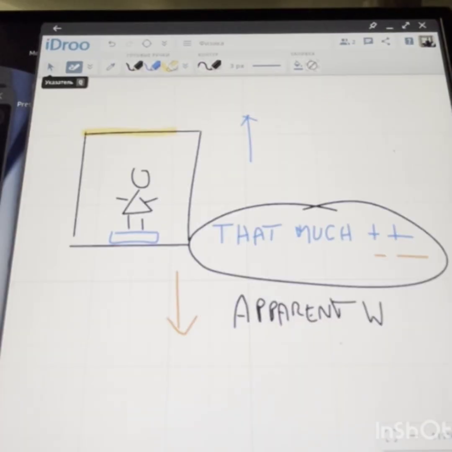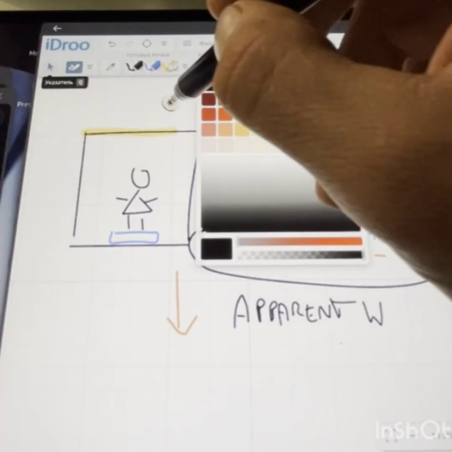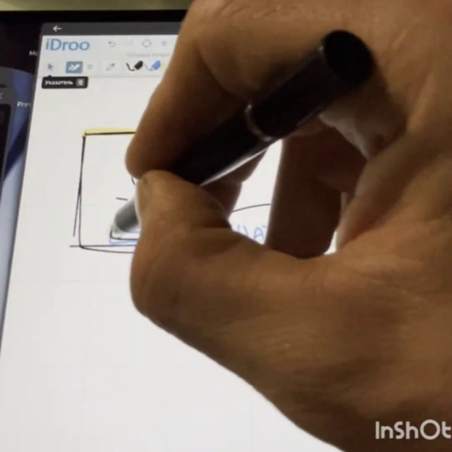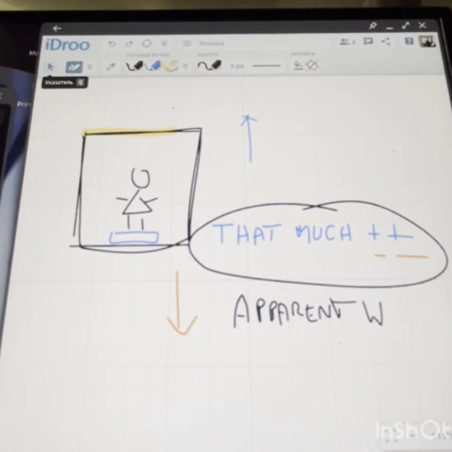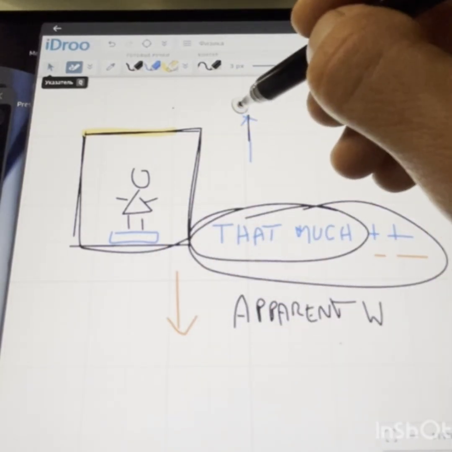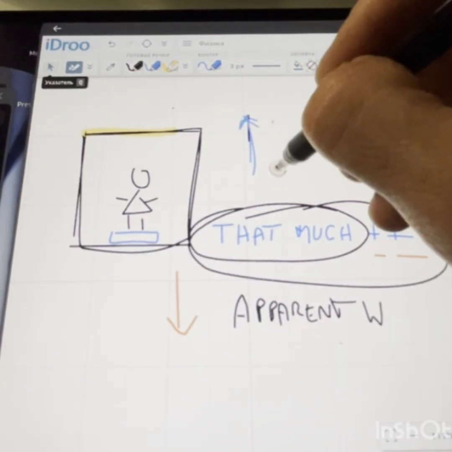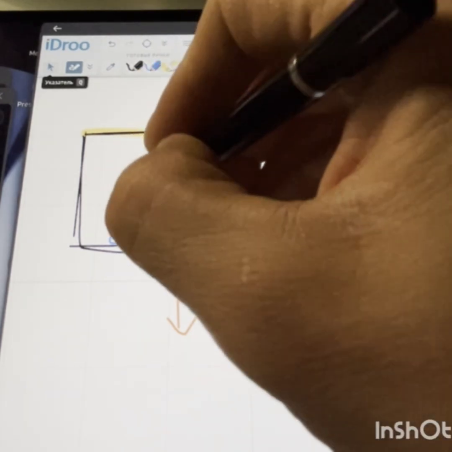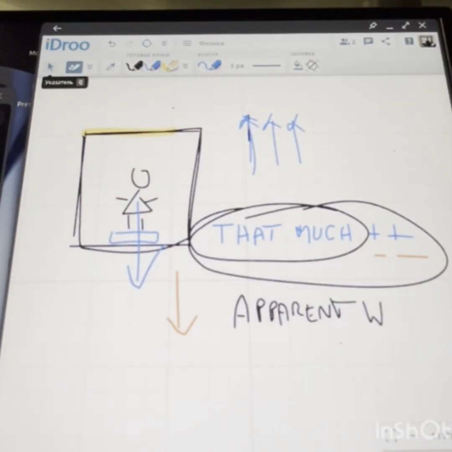So, as a quick recap, if you are in your elevator with the scale, when you stand, you weigh that much. Or when you are moving at constant velocity, that much. The moment in which your elevator starts pushing up, it is accelerating, going up. Hence, by Newton's third law, you are going to push harder down.